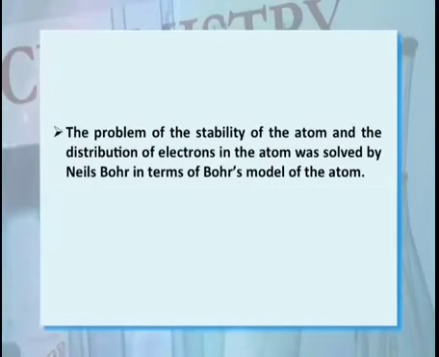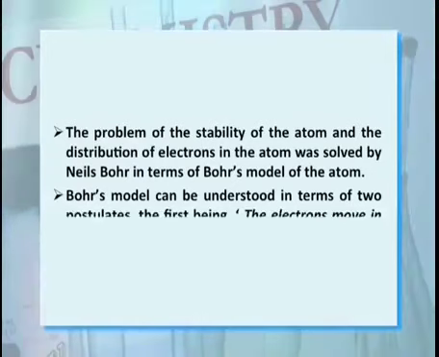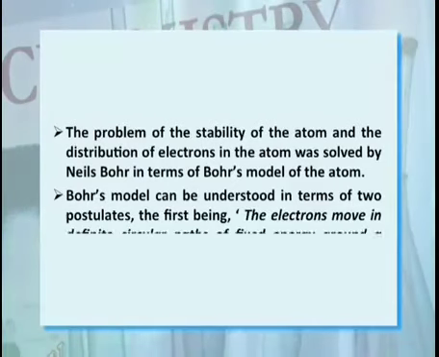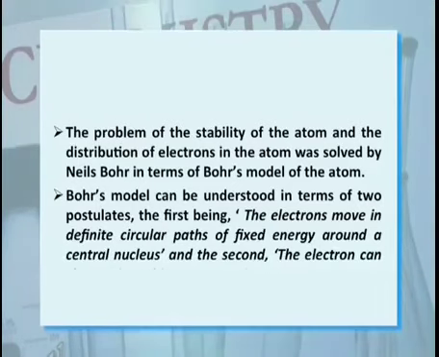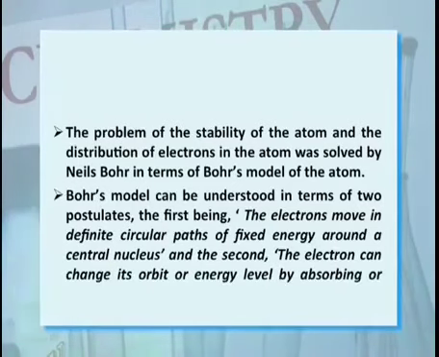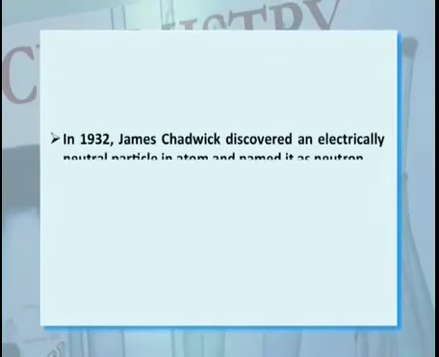Bohr's model can be understood in terms of two postulates: the first being that electrons move in definite circular paths of fixed energy around a central nucleus, and the second is that electrons can change their orbit or energy level by absorbing or releasing energy. In 1932, James Chadwick discovered the electrically neutral particle in the atom and named it the neutron.